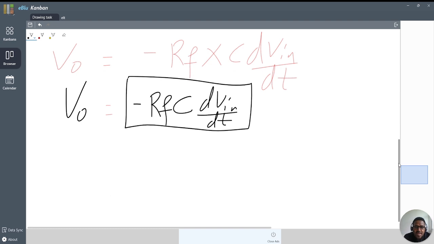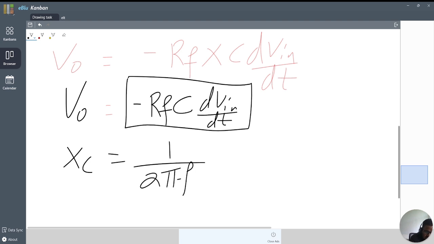When you apply the capacitor in an AC circuit, that depends on the frequencies. That means the capacitive reactance XC becomes 1 over 2 pi FC. So the gain of our op-amp depends on the frequency of the inputs.